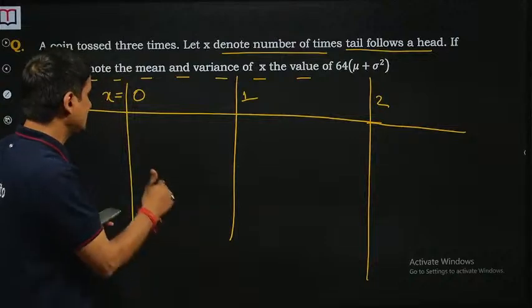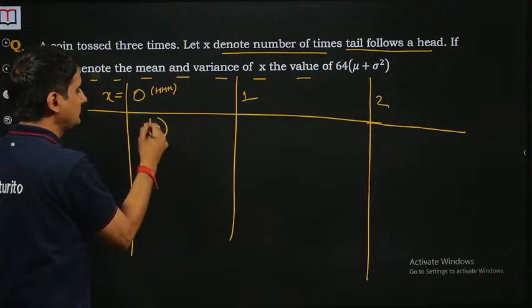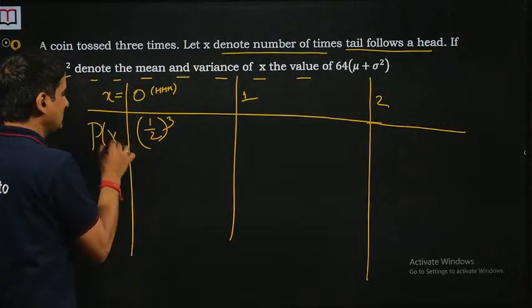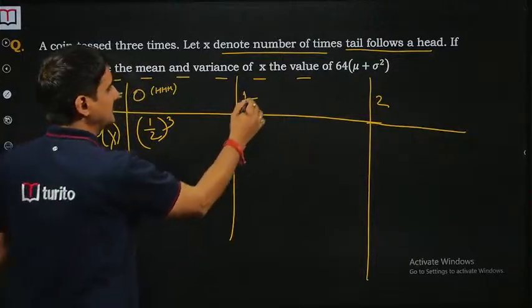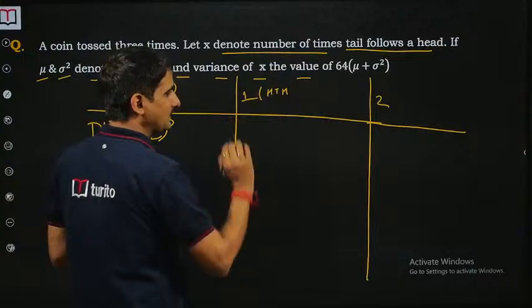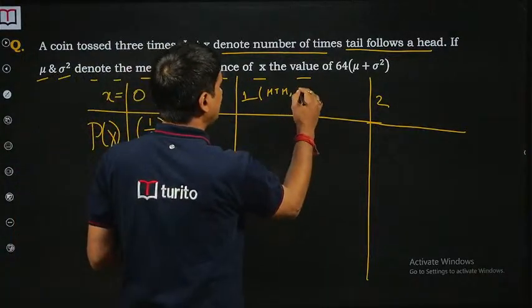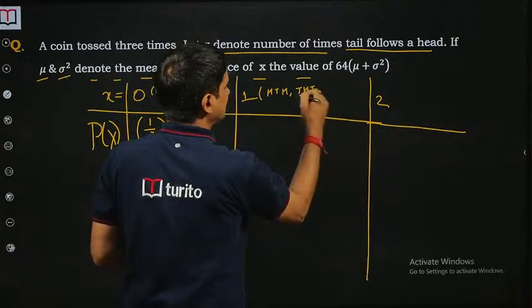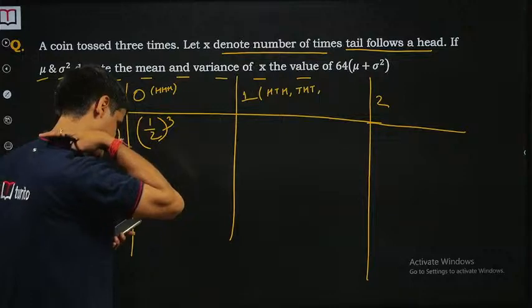Because if you toss a coin thrice, you can have at most 2 tails following heads. That's how I look at this question, isn't that? So 0 means you have only one case, H, isn't that? So the probability is 1 by 2 whole cube. So that's the probability of random variable x. For 1, the possibilities are what? H, TH, I think, isn't that? Tail following head. So I think that statement is fulfilled here. Or T, tail following head, one tail follows head.